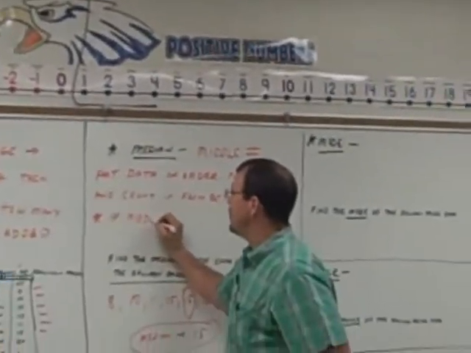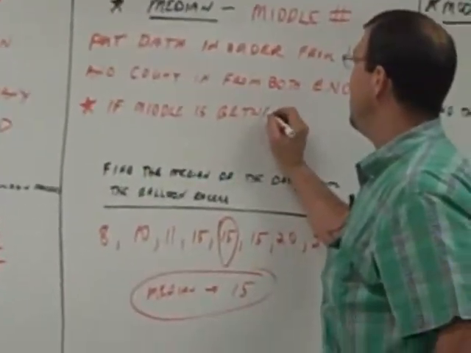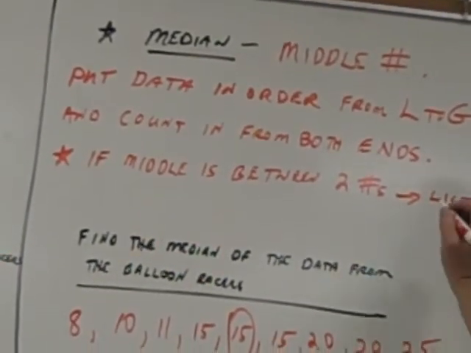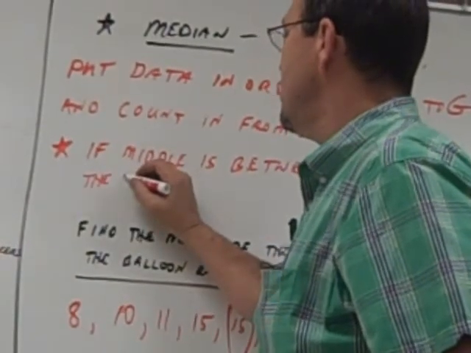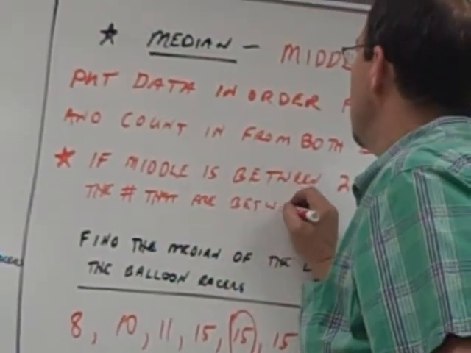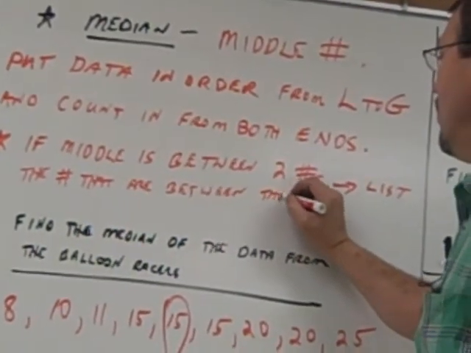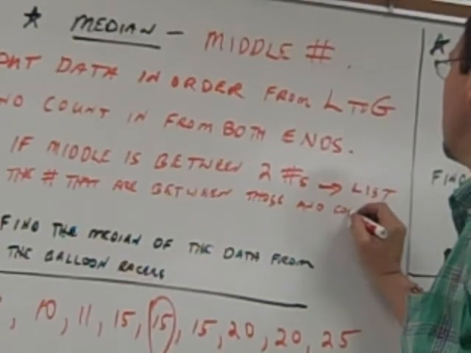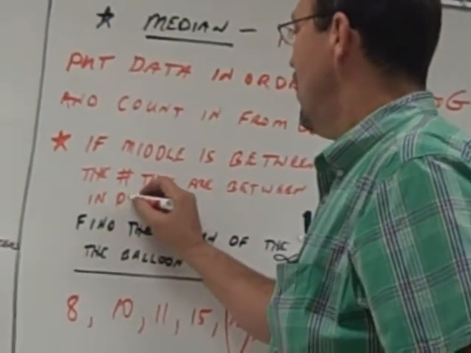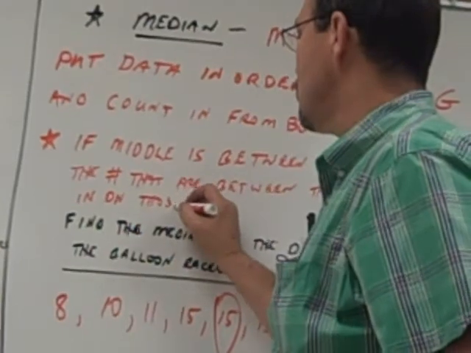So on our star, if the middle is between two numbers, list the numbers that are between those and count in on those.